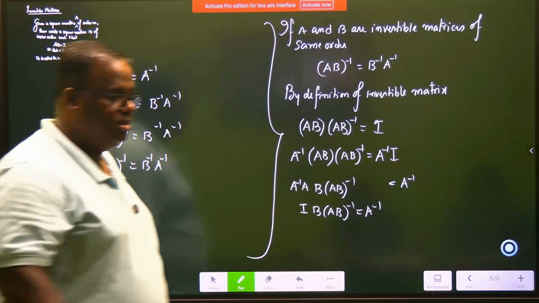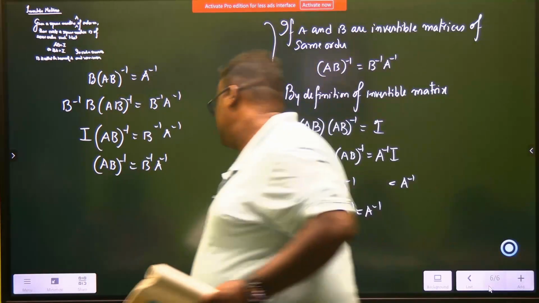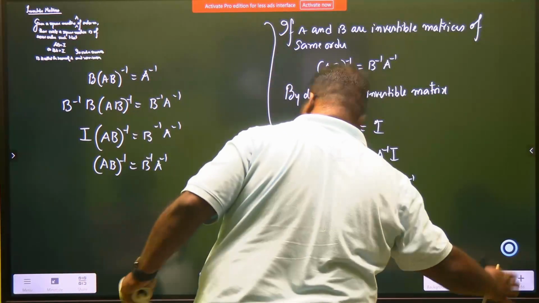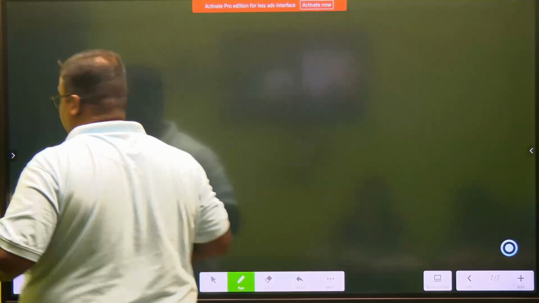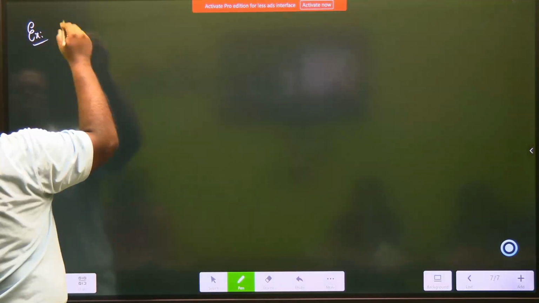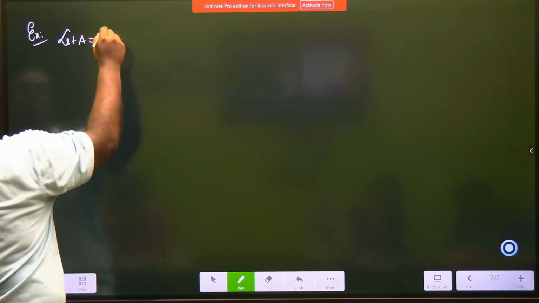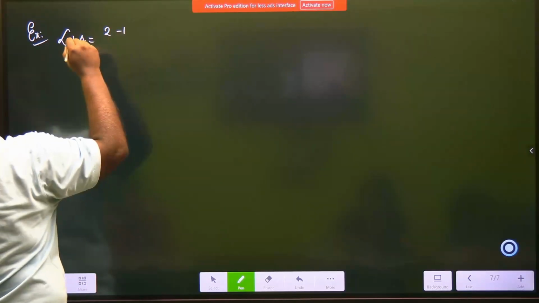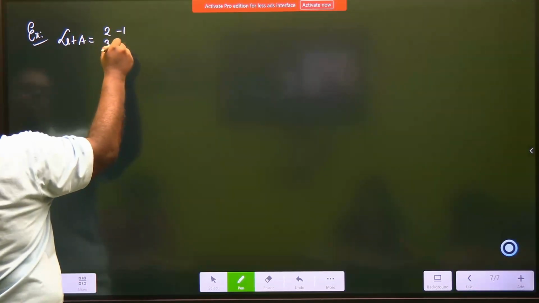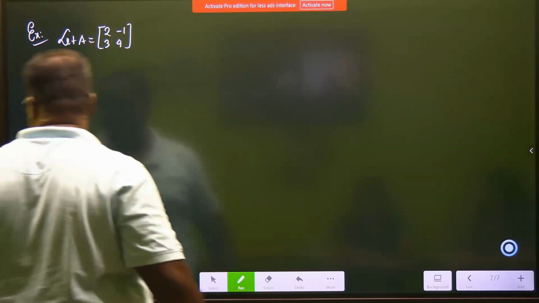Okay, stopping the recording a bit. Let's do this. It says, this is a miscellaneous example, a test of patience problem. Let A equal to [2, -1; 3, 4]. Ananya, just mute your mic a bit. I think there's a noise coming.